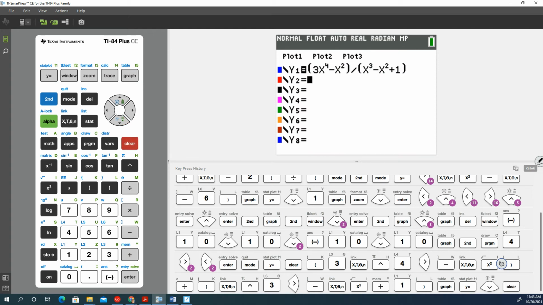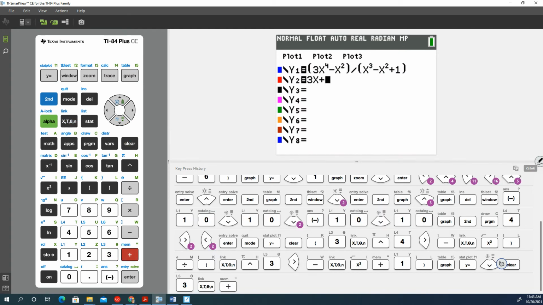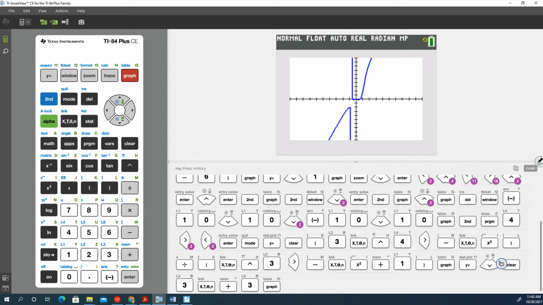What we could graph is our oblique or our slant asymptote here. So slant asymptotes can also be crossed, but you can see how this end behavior is approaching that slant asymptote. Okay, not a horizontal, not a vertical. It's approaching this y equals 3x plus 3 line. Again, it can be crossed. Doesn't mean it's doing it in both directions. No horizontal asymptotes here. Looks like we probably have a vertical asymptote if we set our denominator equal to 0, but we don't have to find that. Okay, that's what they kind of look like.